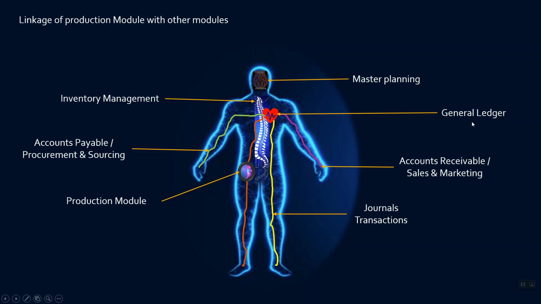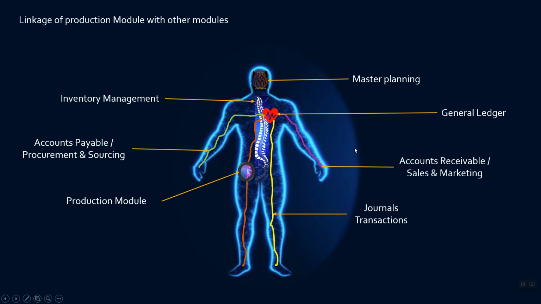So all financial transactions are tracked in the general ledger. Whereas production is one of the nervous systems, you can say a kidney, which filters what material is required, and based on the available material it manufactures an FG product.